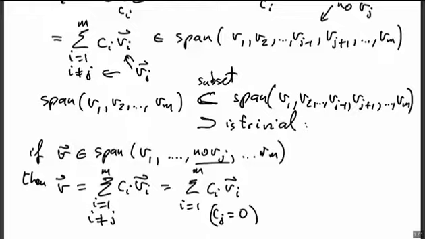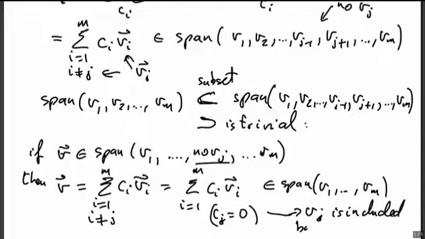And while this previous one wasn't in the span of whole vectors, or it is, because now we see that with some special coefficient we get a sum which is in the span of all the vectors including j. So here vj is included, but with coefficient 0.